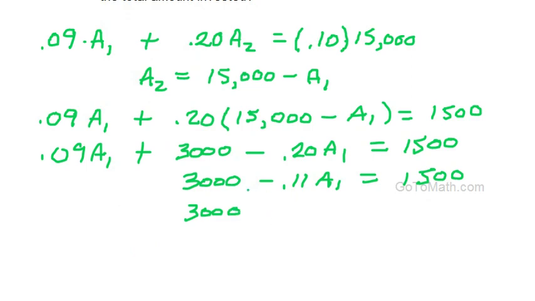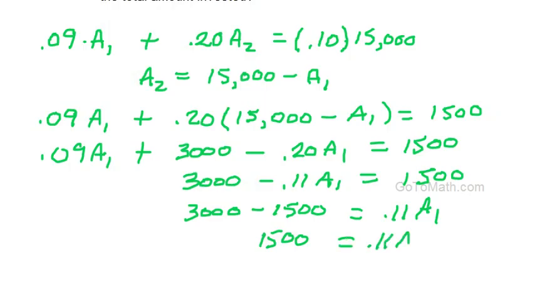Bring that 1,500 over to the left, that's going to be minus, and then we'll bring this over to the right, and that'll make that a positive. So that looks like 1,500. Man, we're working right along here. So it looks like A1 is going to be equal to, that would be the first amount at 9%.